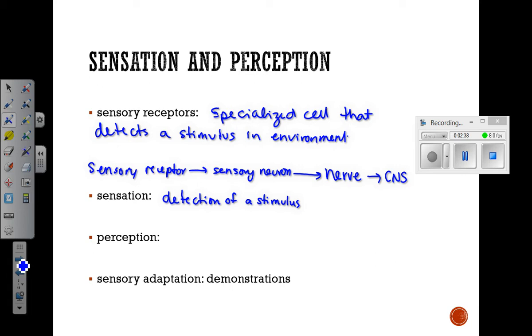So perception is the interpretation of a stimulus. Sensation is accomplished by the receptor and the nerves. Interpretation or perception, that's what your central nervous system does. So there are plenty of times where your nervous system senses something, but you don't perceive it.